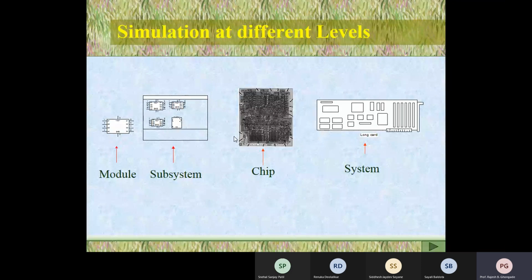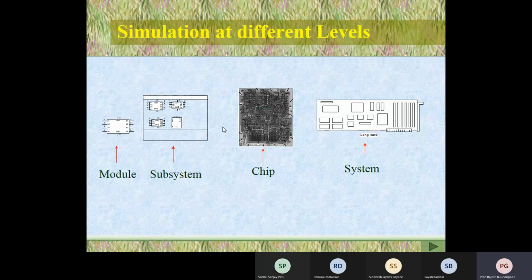If you look at the entire picture, that is the entire system, then you can have a system level simulation. The inputs and the outputs will be different in this case. Then go down to a chip level simulation, which has different inputs and outputs, and is a part of this system.